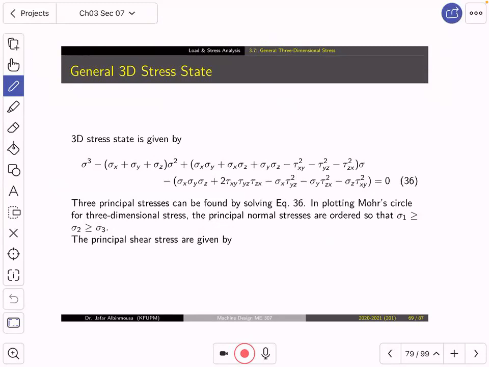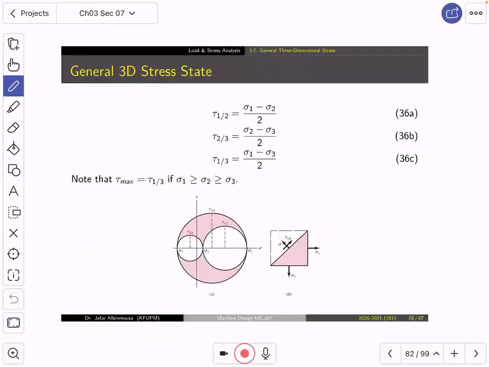So this is beyond the coverage of this course. But what you should know is that if somebody worked out those equations, and you want to get the principal stresses, you will get 3 this time. You will get sigma 1, sigma 2, and sigma 3.